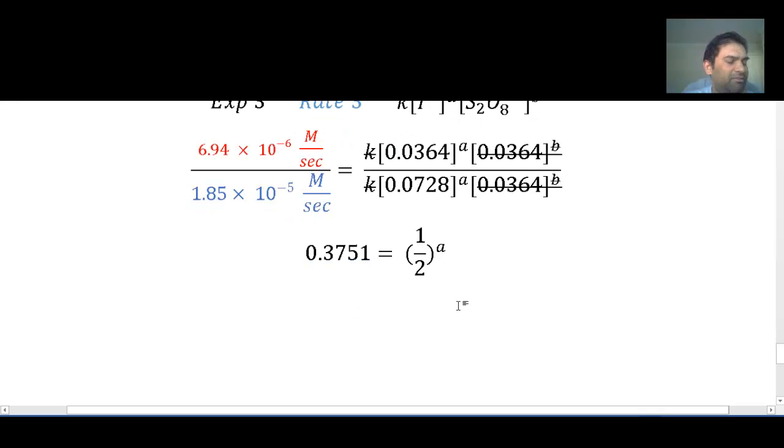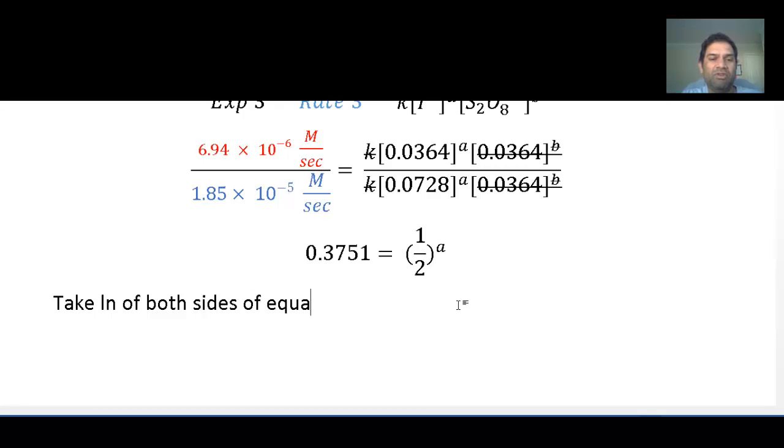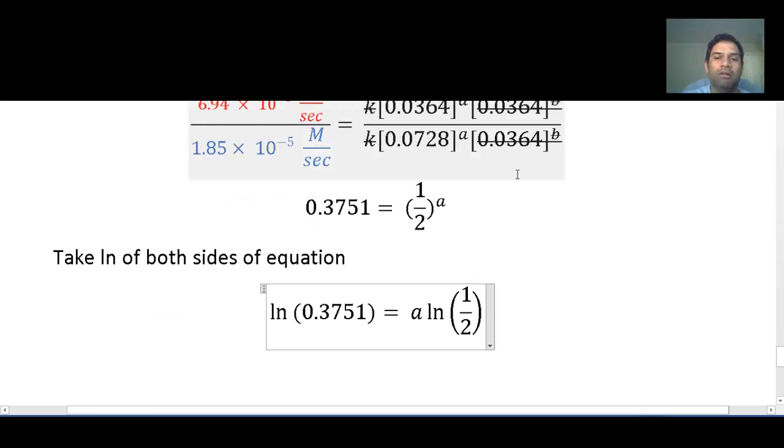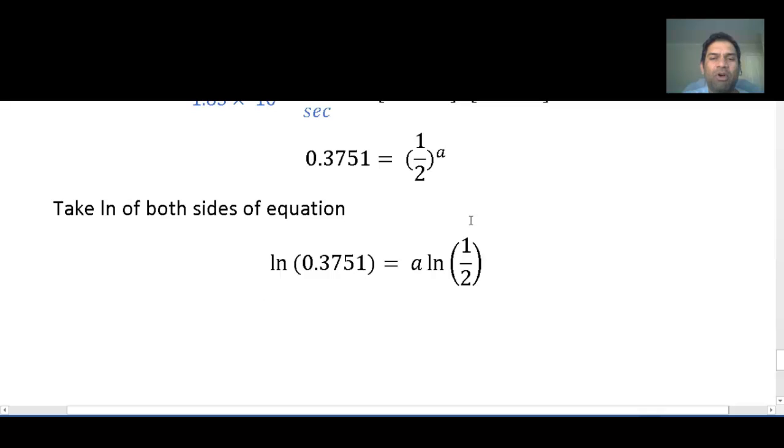The only thing I can do is actually take the natural log of both sides of the equation. When you take the natural log, ln, of both sides of the equation, you actually pop out this a. So the natural log of 1/2 to the power of a, by the natural log rules, the a actually goes back down to the ground.